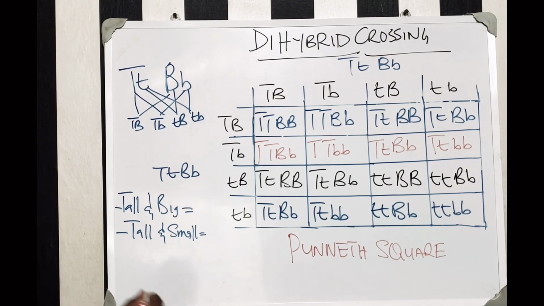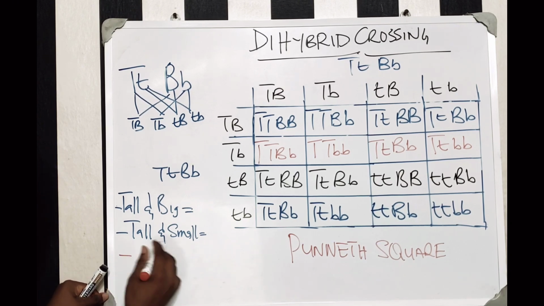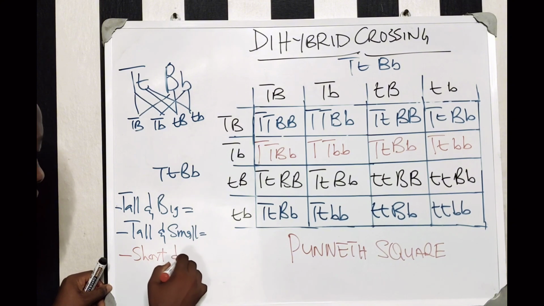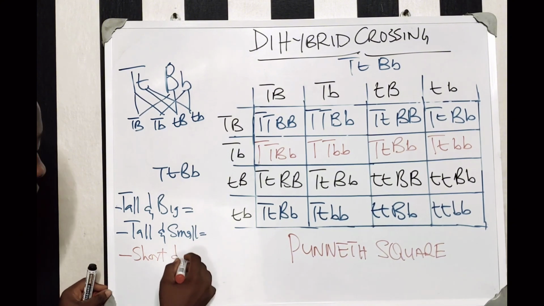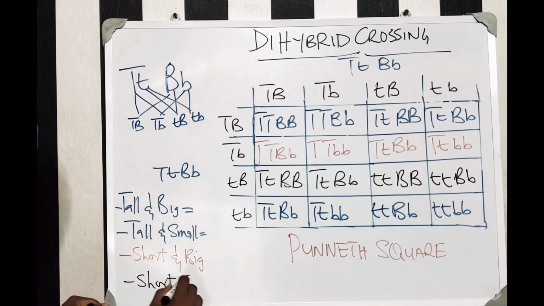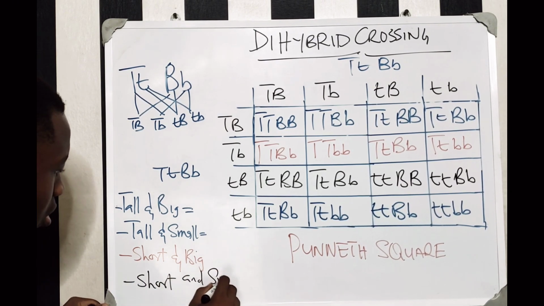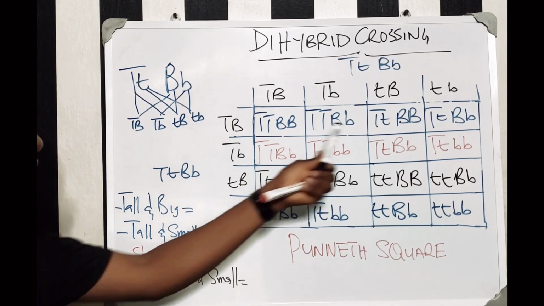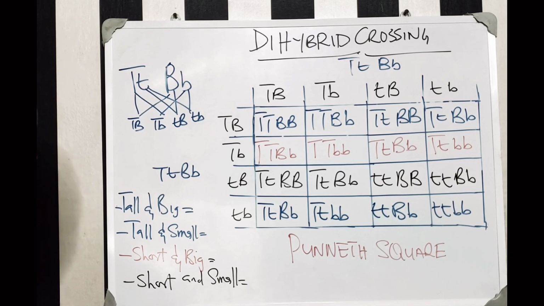We're also looking out for short and big. Then we'll also look out for short and small. Now let's go into the Punnett square to count.